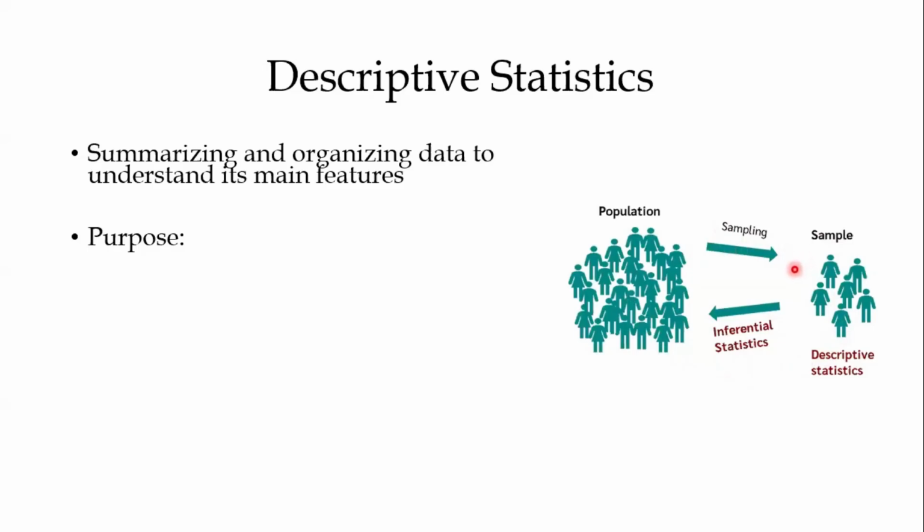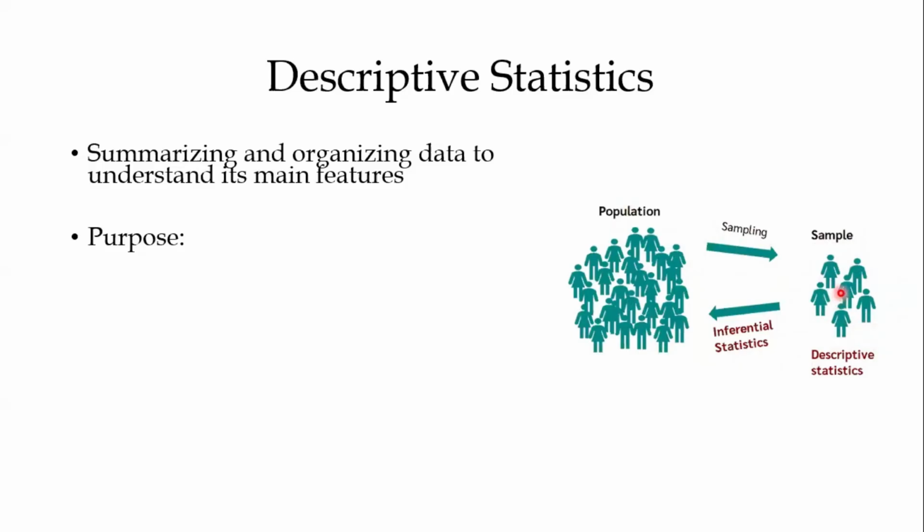Now, the role of descriptive statistics usually is to describe, essentially to summarize data regarding the sample, the small proportion of the entire population that you are studying. You are going to be able to summarize and organize information about this small category of study subjects through descriptive statistics.